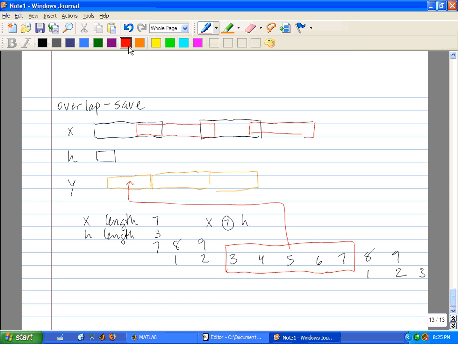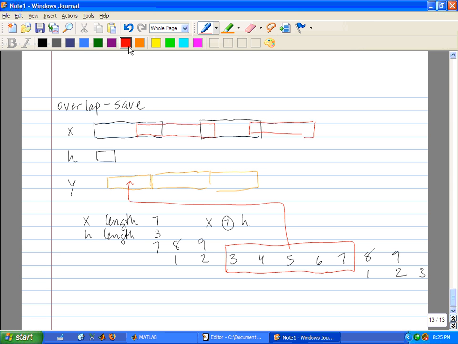So, David, you were arguing originally that if you just shifted by 2, then these points will wind up being here, and they'll be sullied again by the overlap. But what happens is that you also have the filter h, which adds another length of 3, right?